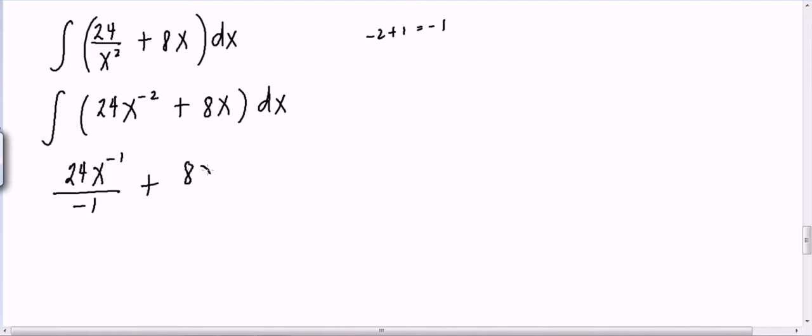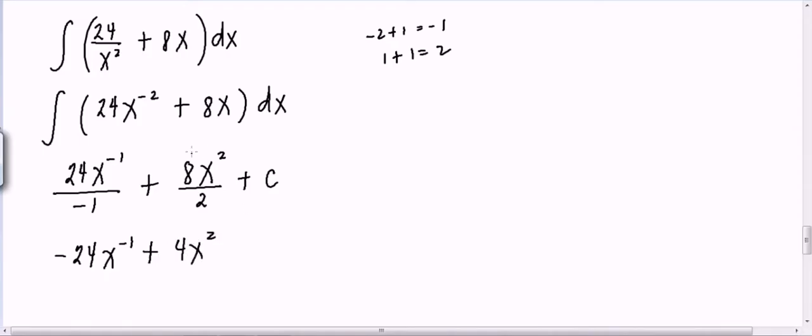Plus 8x, which is raised to 1, plus 1 is 2, so over 2. Plus c. So 24 divided by negative 1 is negative 24 x raised to negative 1. And 8 divided by 2 is 4x squared. Then copy x squared plus c.